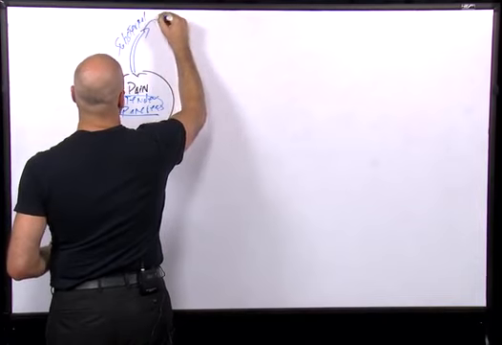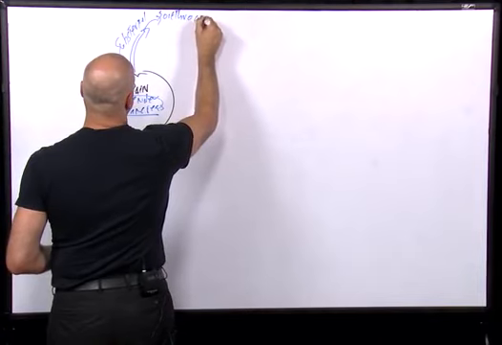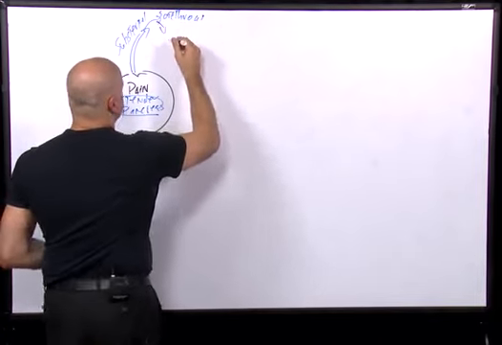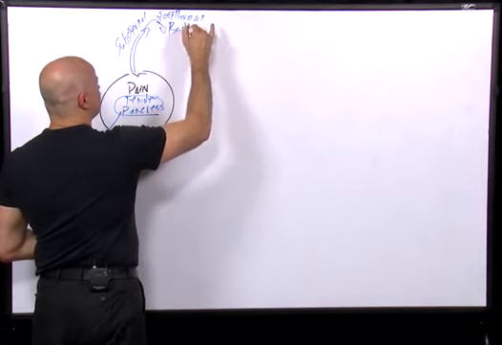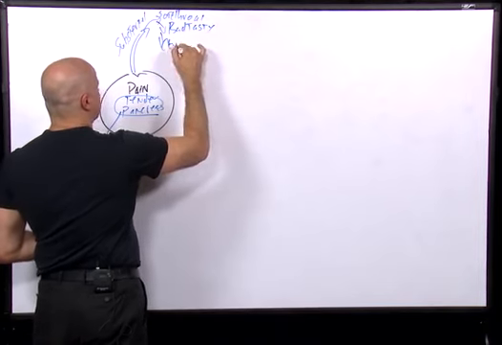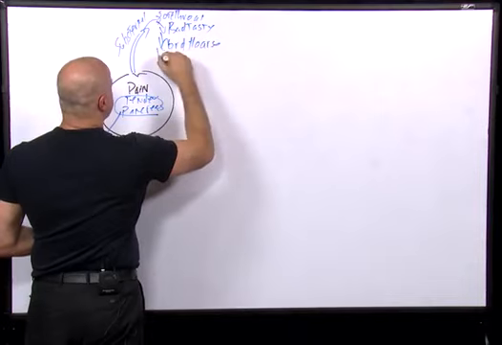Pain that goes up and hits the back of the mouth and makes a sore throat. Pain that goes up and hits the vocal cords and hits the back of the tongue and gives you a bad taste in the back of your mouth. Pain that hits the cords and makes you hoarse.